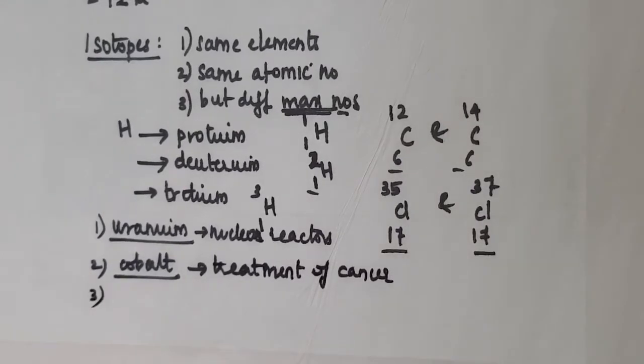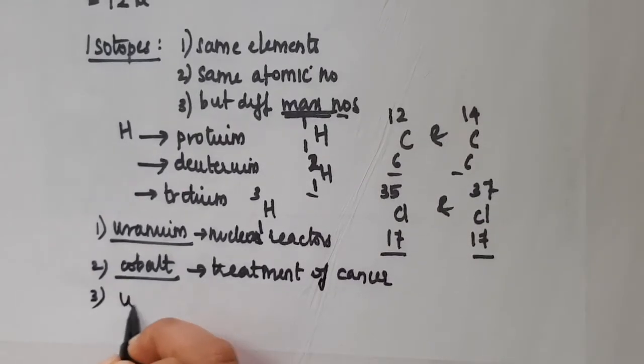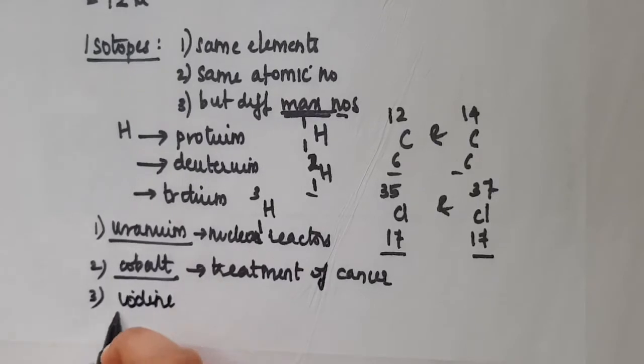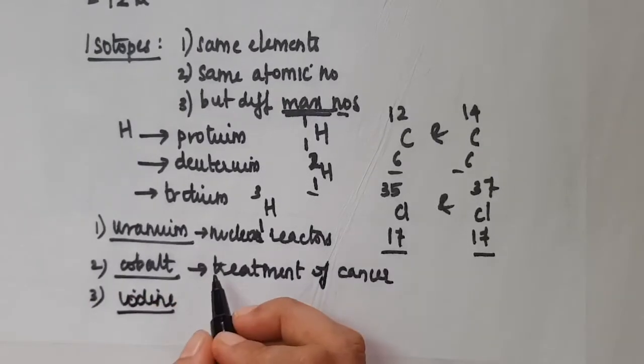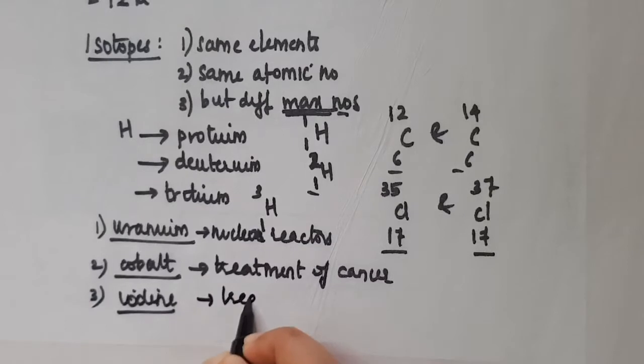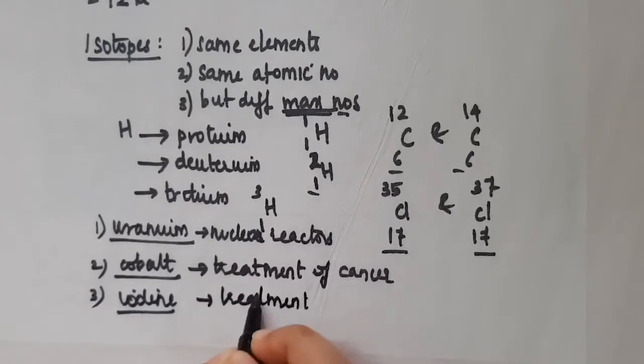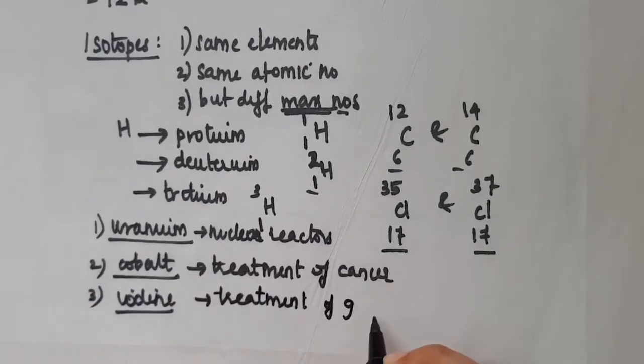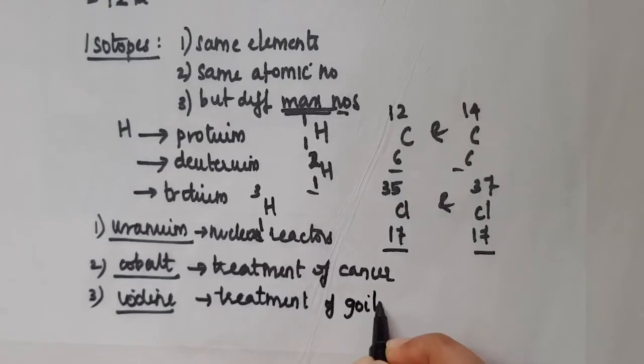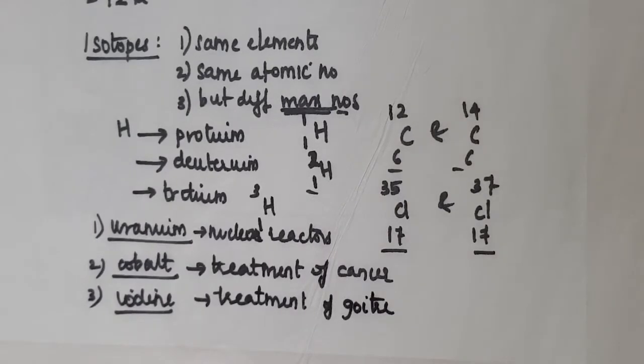And third one is iodine, okay. The different isotopes of iodine is used in the treatment of goiter. Goiter is that disease which affects the neck, the neck swells, it's the deficiency of iodine. So it's used in treatment of goiter.